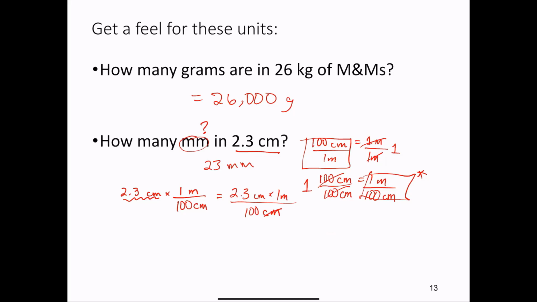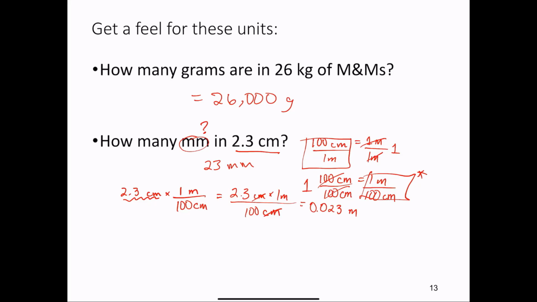Okay, and so then you'll see that the centimeters on top and on bottom cancel out thanks to fraction rules. And so then that leaves us with 2.3 times 1 is just 2.3, and then divided by 100, that comes out to 0.023 meters. That's how many meters we've got.